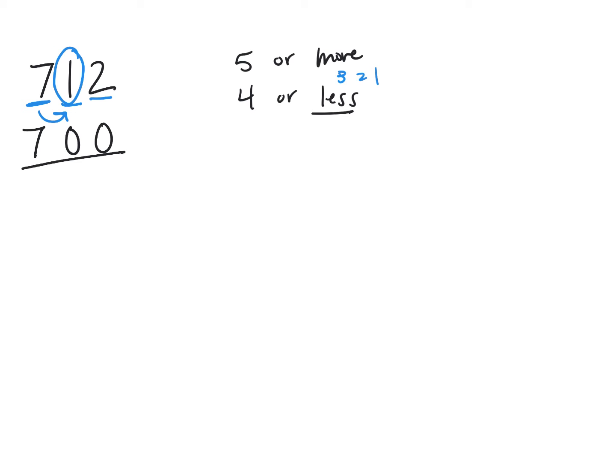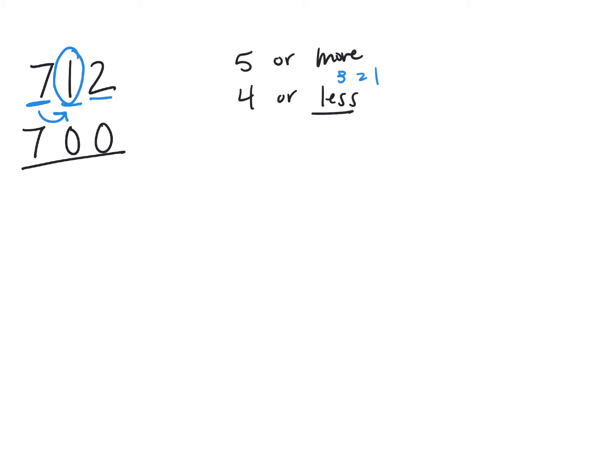If we remember, 5 or more, add 1 more, 4 or less, you let it rest. This 1 is part of the less because the less is a 3, a 2, or a 1. So by letting it rest, that 7 is going to stay the same. This 1 is going to turn into a 0, and this 2 is going to turn into a 0 because 712 is very close to 700.